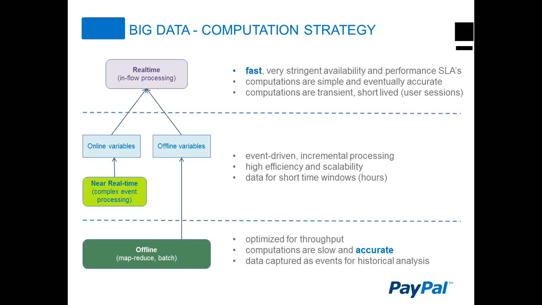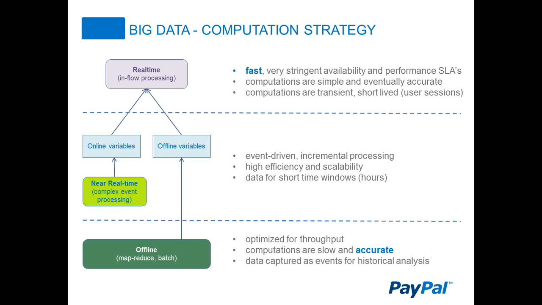Now, the next upper layer is near real-time processing. From offline processing, you build some insights, you build some offline variables. These are normally your predictive analysis, historical analysis, a very rich set of variables. But then there are some variables that you need to compute, some data that you need to analyze as events are flowing into your system.